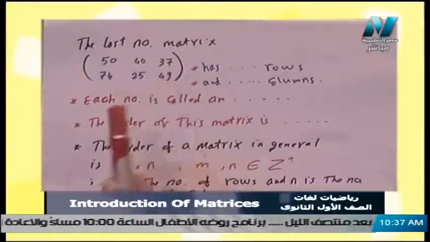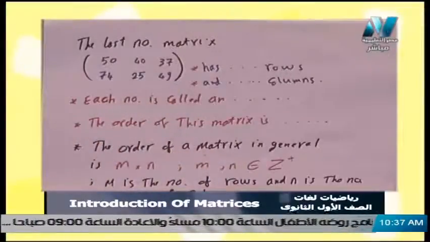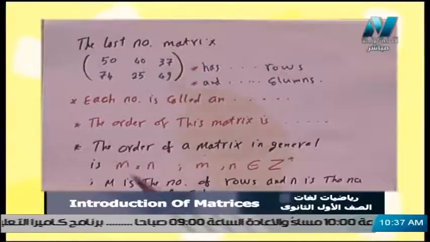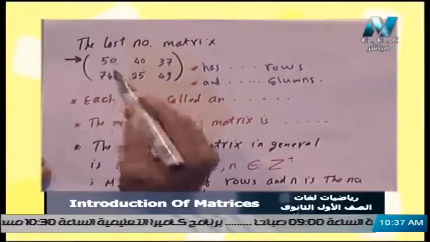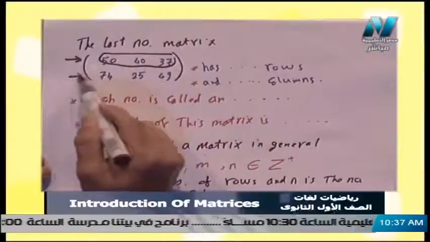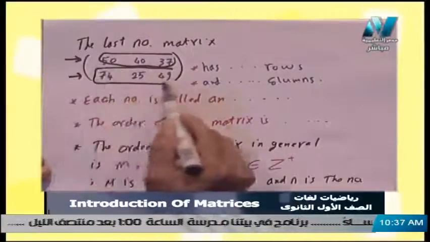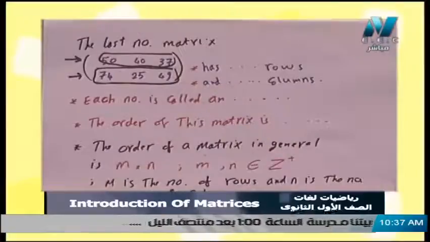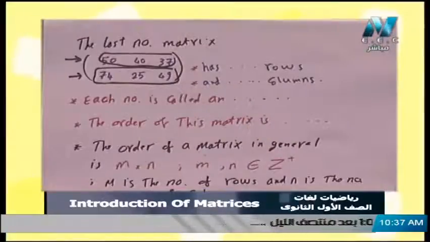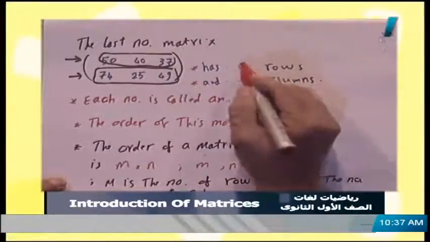How many rows do we have here? What is a row? This is a row, and this is the second row. So we have 2 rows.